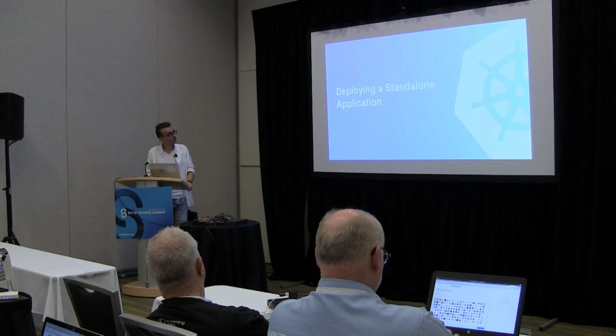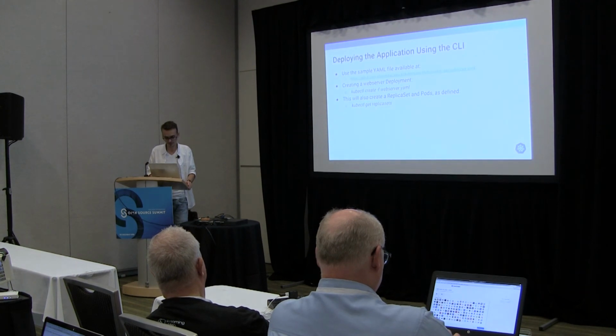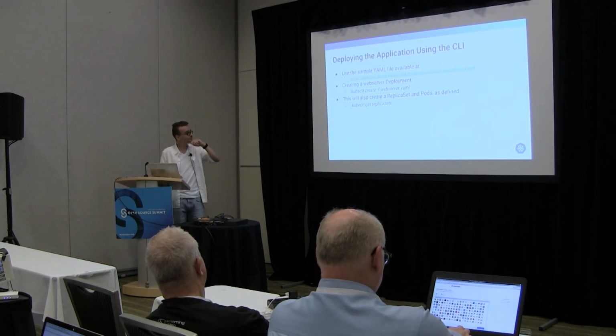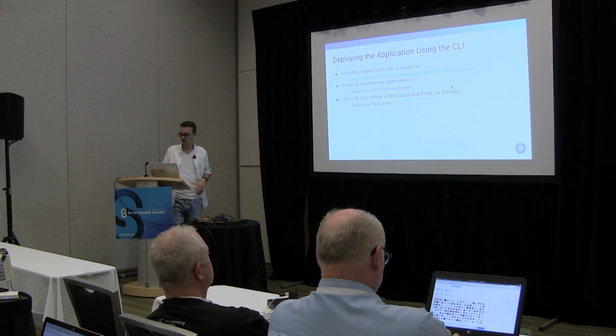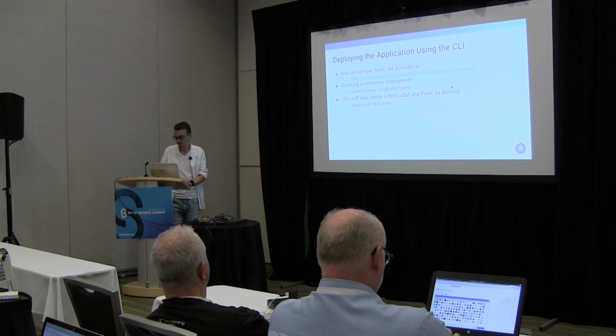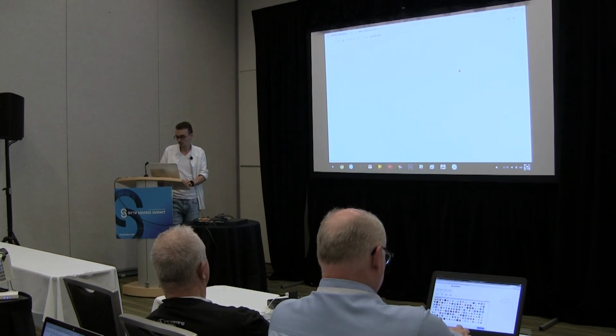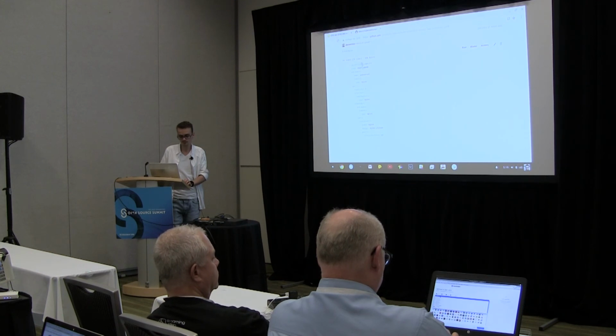Now we can run a brief demo of deploying a standalone application. On this link, in my GitHub, github.com/Dvoretskyi, Intro to Kubernetes, you may find the web server YAML, where we explicitly define that we would like to have a Deployment.